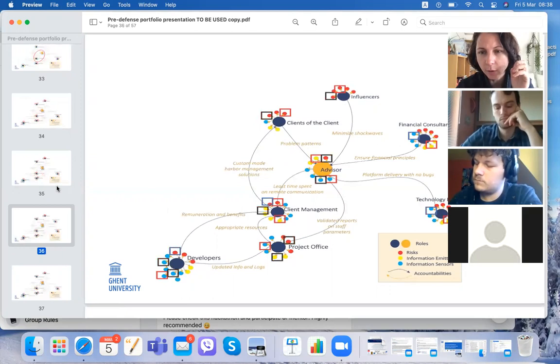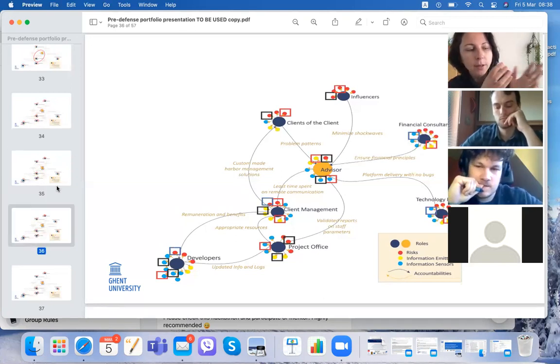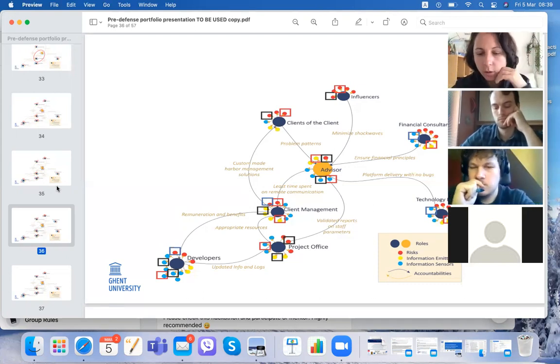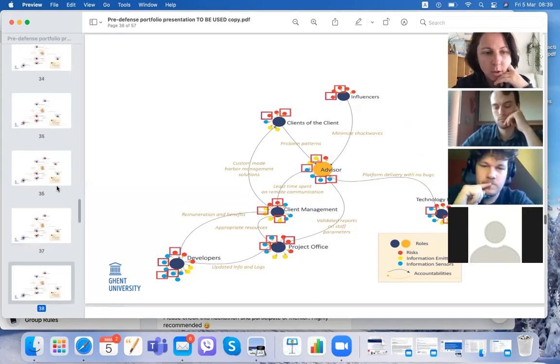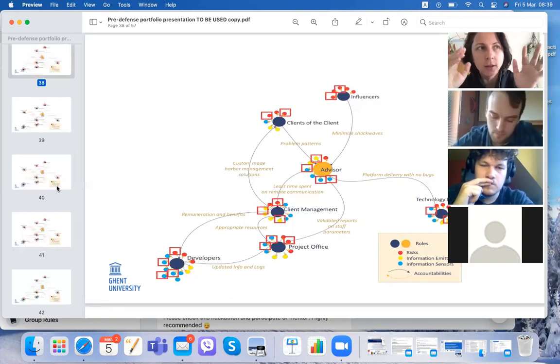Roles are popping up, accountabilities, then populating them with roles, with people who are here, or maybe even a company can be populating a role, another subcontractor or something. And these need to be changed. So that is tricky.